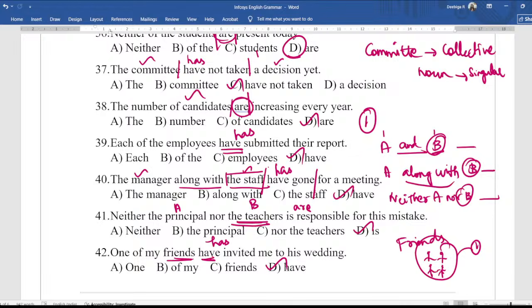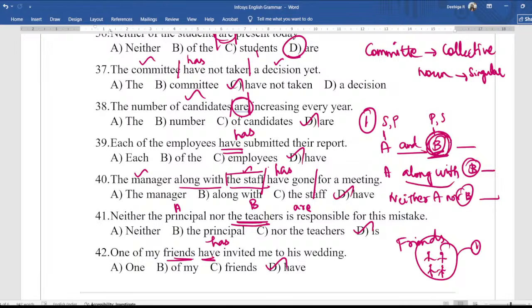When you encounter these questions, A and B, A along with B, the manager and the staff, the manager along with the staff, you have two subjects, right? And you would not know which verb to use. There is a rule. When both of the subjects are singular, use singular verb. When both the subjects are plural, use plural verb. If one is singular and one is plural, if A is singular, B is plural, or A is plural and B is singular, take the B subject.